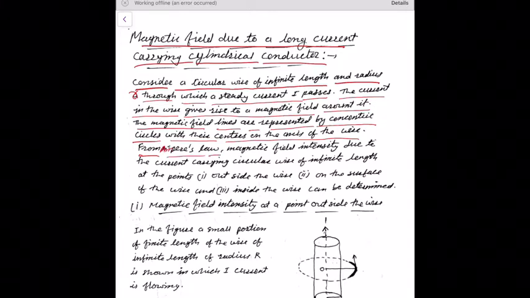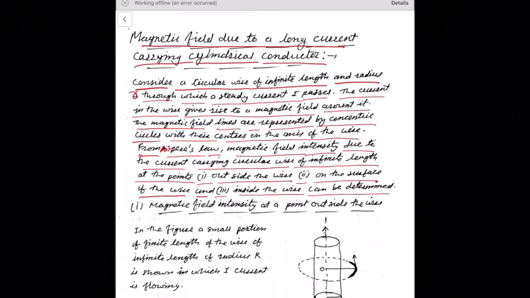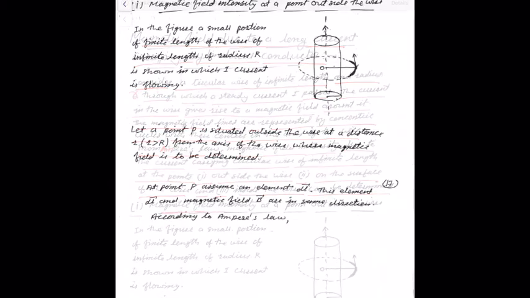From Ampere's law, the magnetic field intensity due to a current carrying circular wire of infinite length at points first outside the wire, second on the surface of the wire, and third inside the wire can be determined.